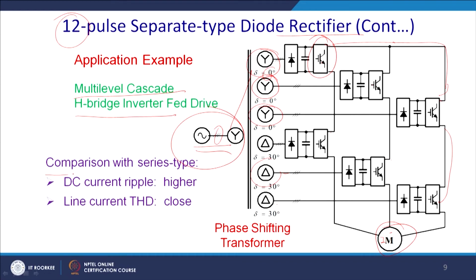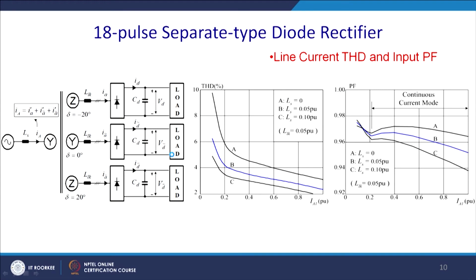We can compare with this series type configuration, and generally we will observe that the DC current ripple will be a little higher, and the line current THD will be close to your series connected THD. So, this is the analysis of the 18 pulse converter for the separate rectifier.